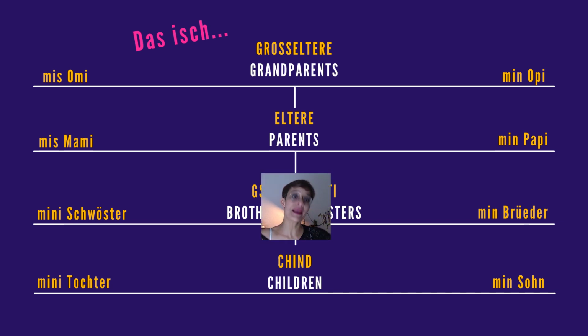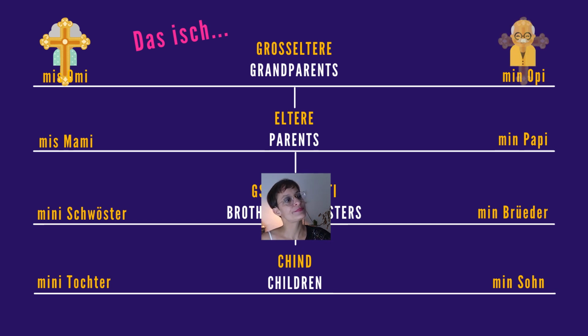Let me introduce you to my own family tree. So I am here. Can you see me? I'm right here in the middle. So, das ist mis Omi. Unfortunately, she is already dead. Leider ist sie schon gestorben. Das ist mein Opi. Leider ist er auch schon gestorben.